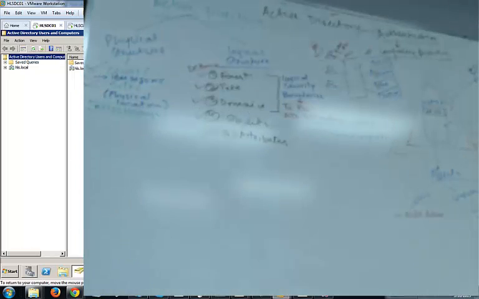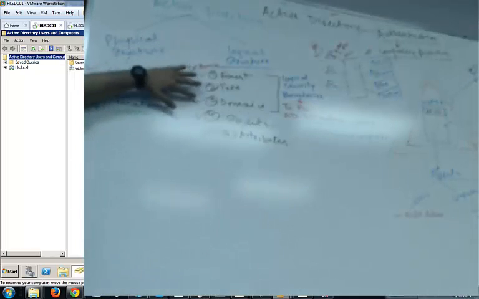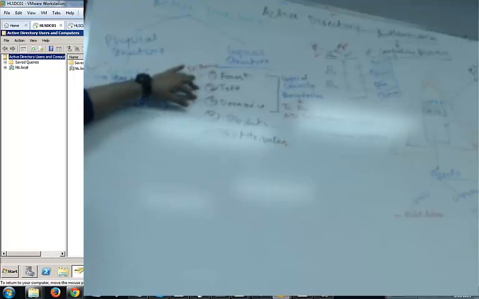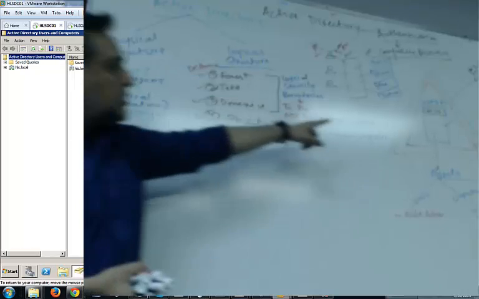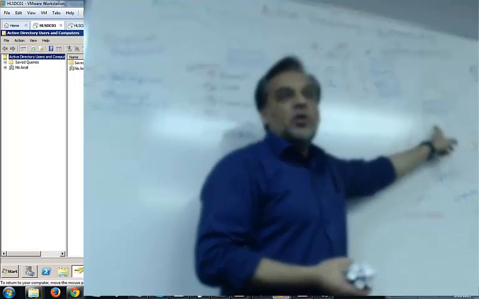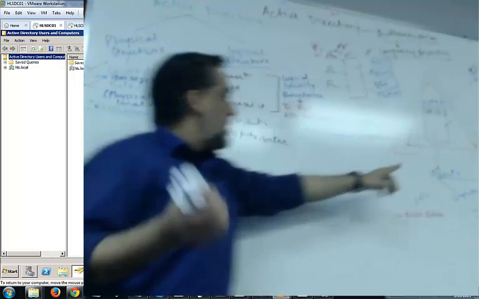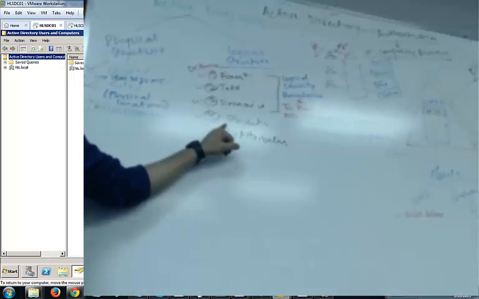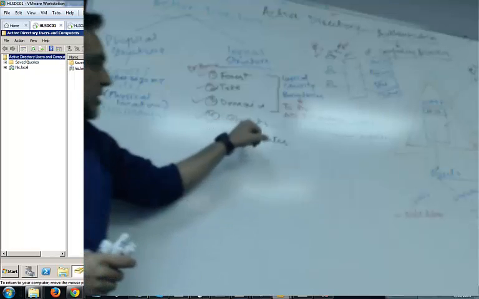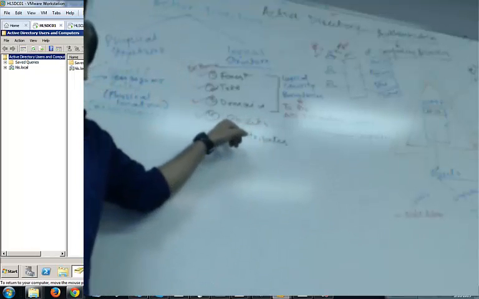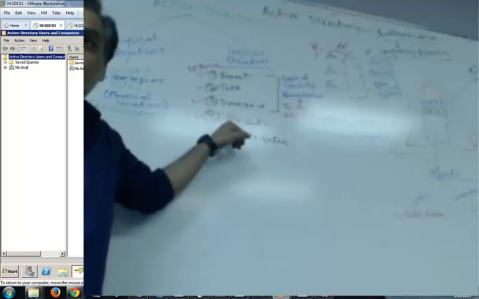So going back, forest, tree, and domain are logical security boundaries. They would protect your information from being attacked from outside by applications, by users. And then we start making objects so that they can log into Active Directory. And guys, all objects have attributes.